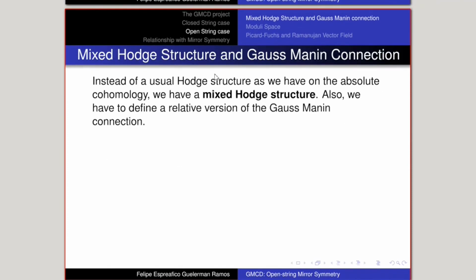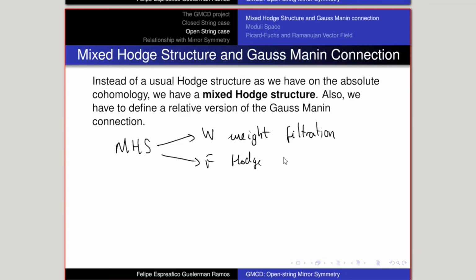What we have is a mixed Hodge structure, right? Let me explain what this is. Maybe most of you know, but just to recall, we have two filtrations instead of just one: a weight filtration and a Hodge filtration.